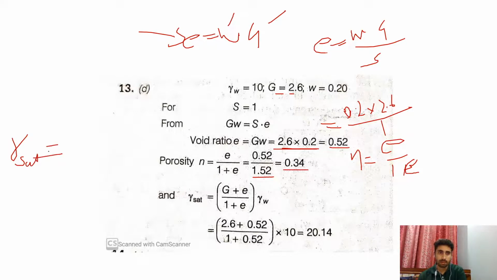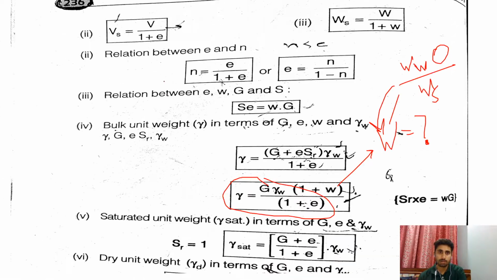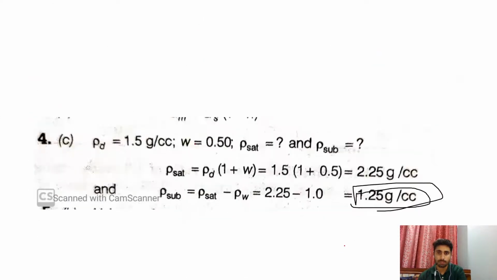Gamma saturated, as we already know the equation, is given by G plus e upon 1 plus e into gamma w.